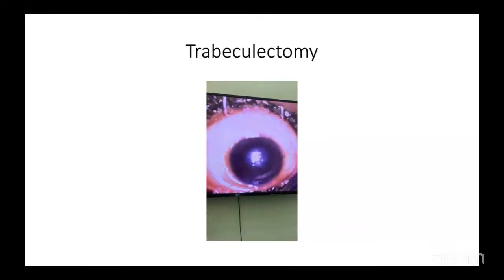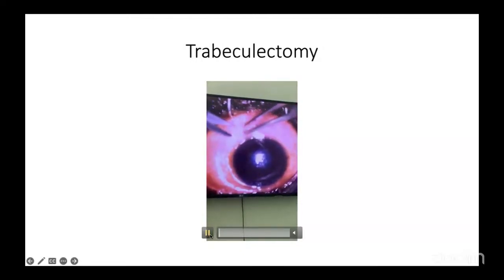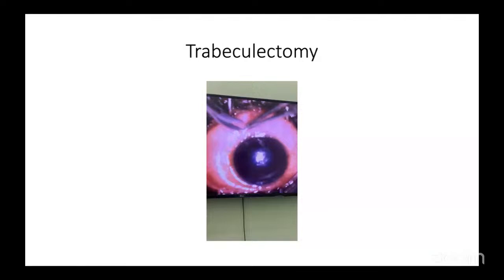If you can see this video, let me stop here. We didn't start the initial incision at the limbus, but about 2 mm behind the limbus. The idea here is that that is the point of insertion of the tenon. So if you make the incision here, you're going right into the subconjunctival, soft tenon space.